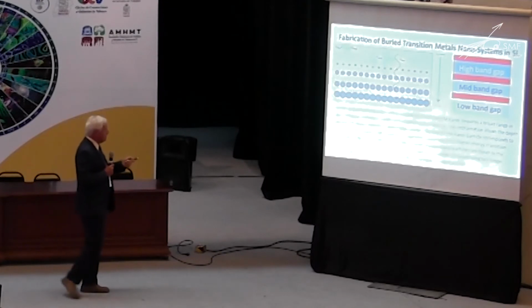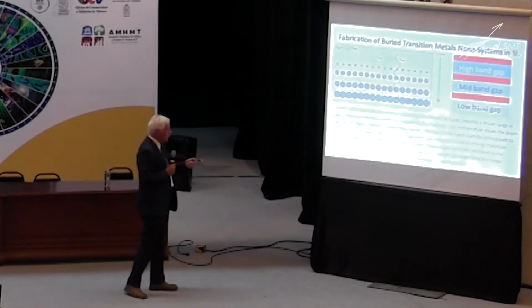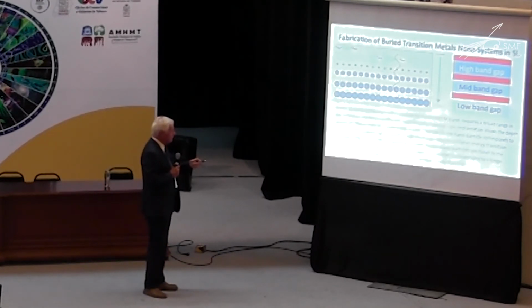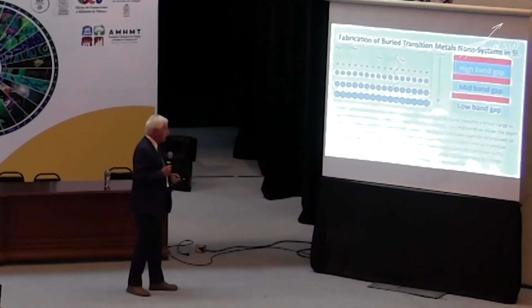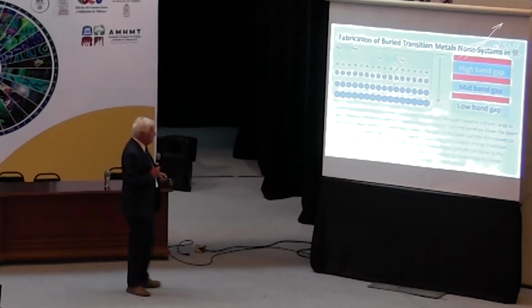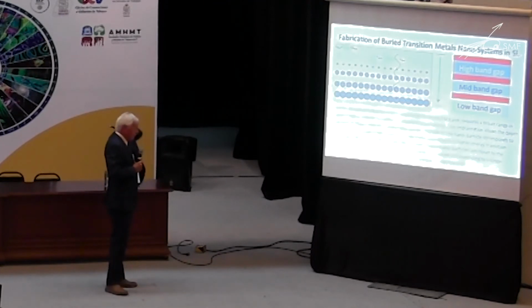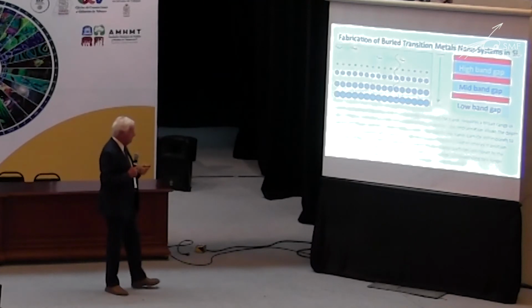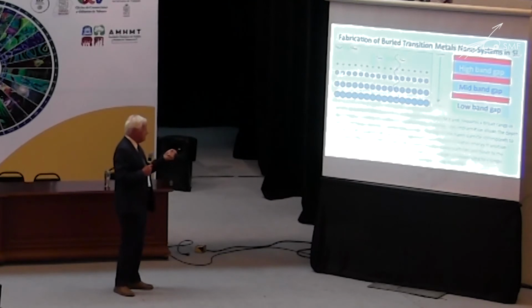So I've shown this once. This is the low band gap material, low energy, large wavelength. This is the high band gap material right in here, high energy, small wavelength. For these devices to be sensitive to the broad electromagnetic spectrum, it requires this range of nanoparticles at different depths in the material.